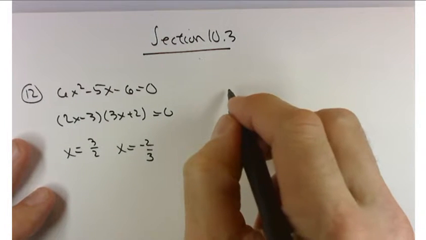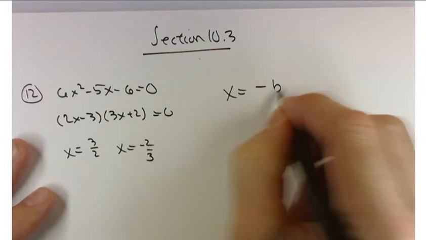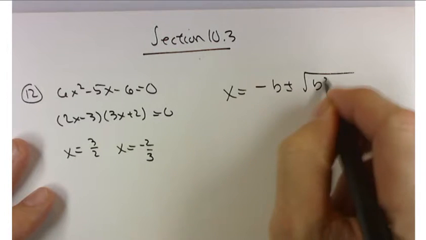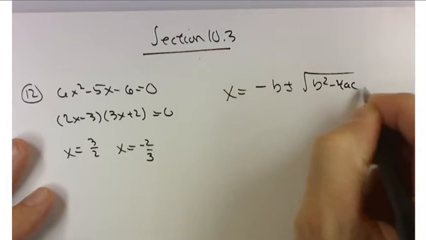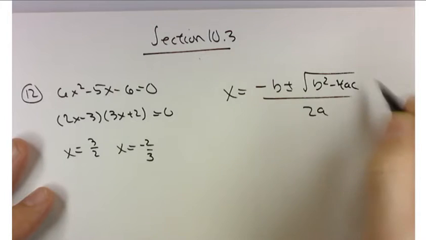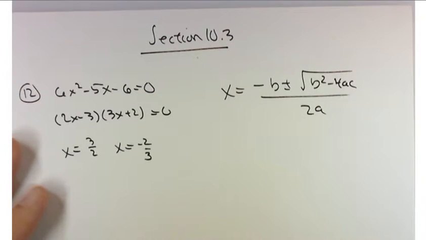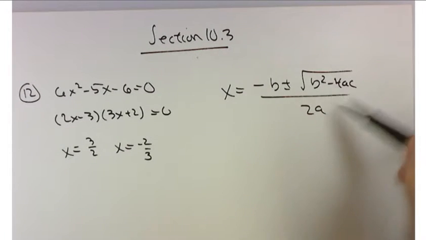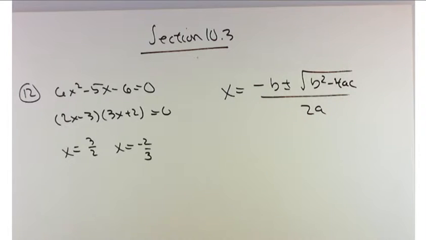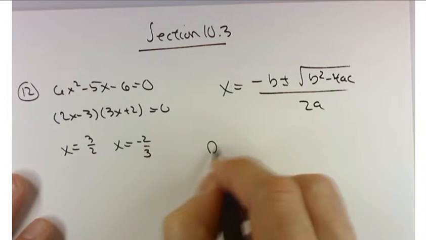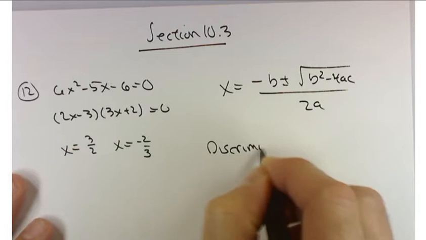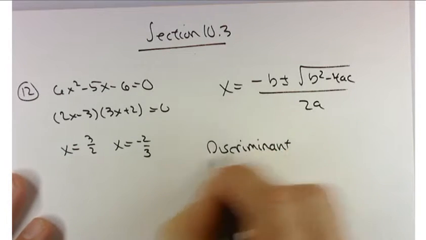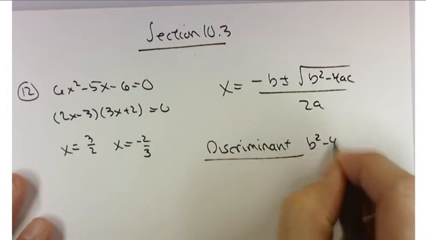But what describes that is a little piece of the quadratic formula. B squared minus 4ac over 2a. So this little piece right here, if this works out to be a number greater than 0, and by the way, this is called the discriminant. So discriminant is b squared minus 4ac.